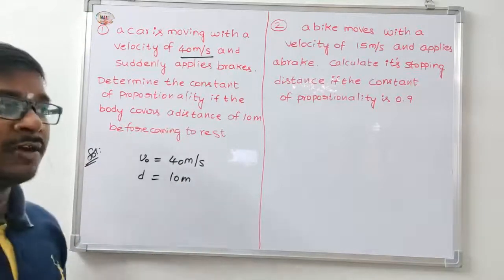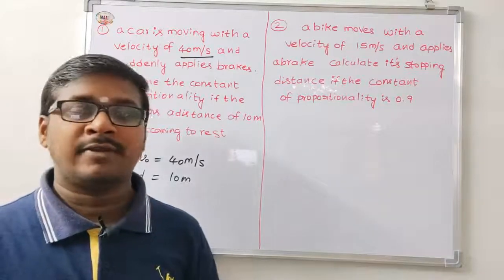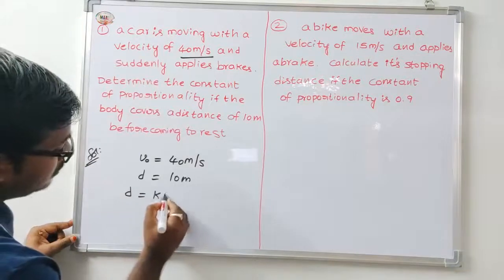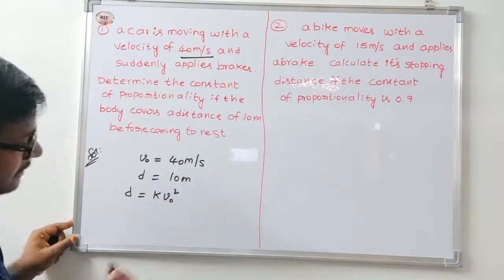The stopping distance is given by d is equal to k into v0 square.